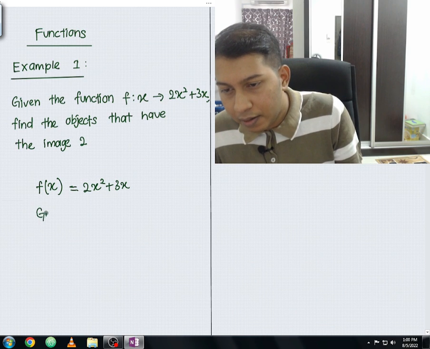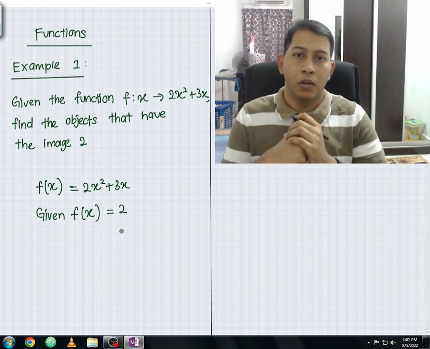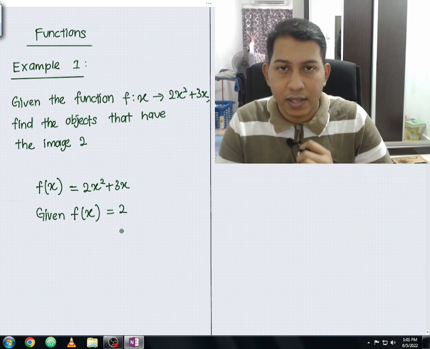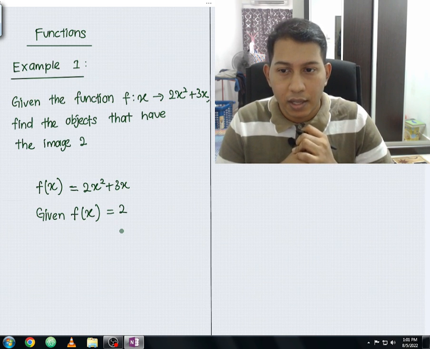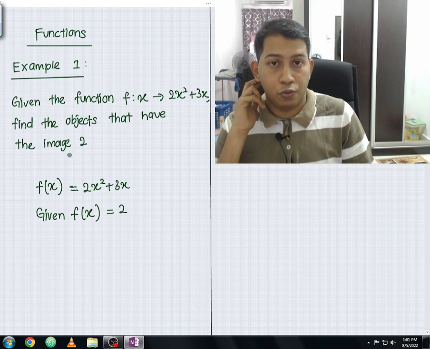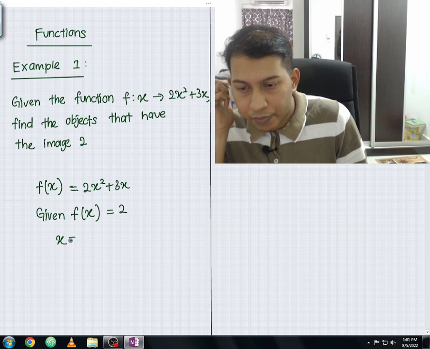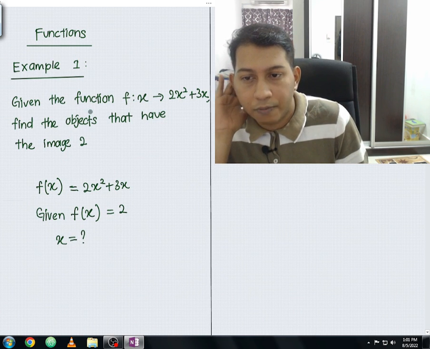So given f(x) is equals to 2, f(x) is the image, and they already gave us 2. We are required to find the x, which in this case is the object.